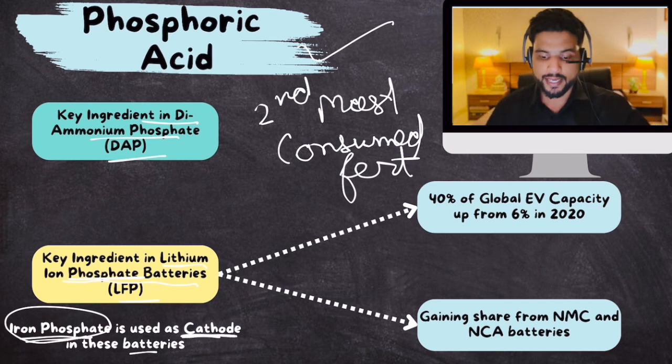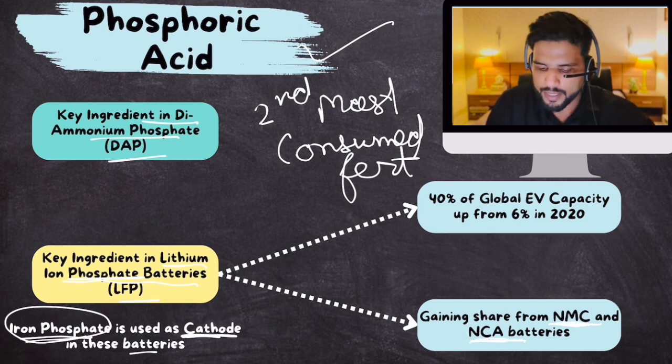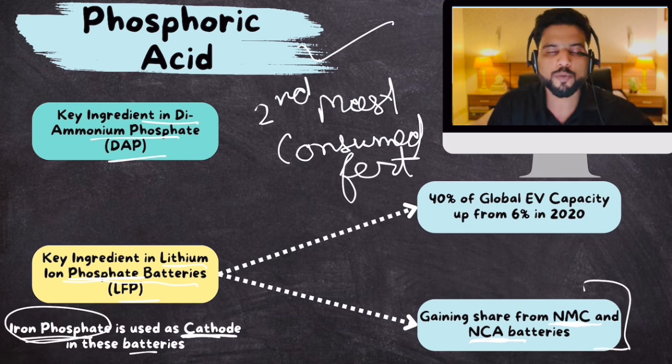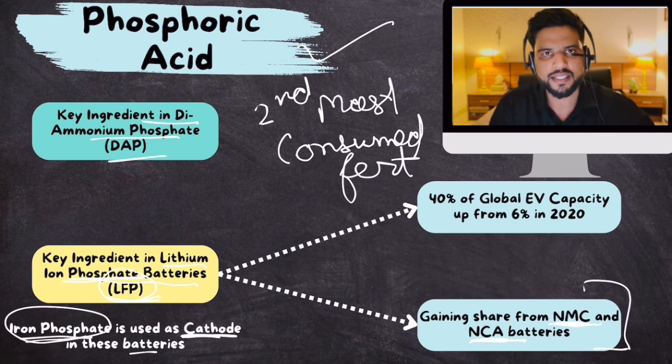Now the thing is, earlier electric vehicles used NMC, nickel, manganese and cobalt, or NCA, nickel cobalt aluminium batteries. These were the batteries that were earlier used, but now more and more manufacturers are using LFP batteries, lithium iron phosphate batteries.